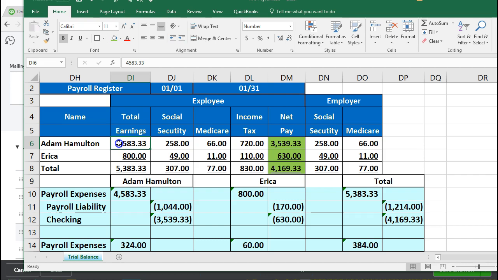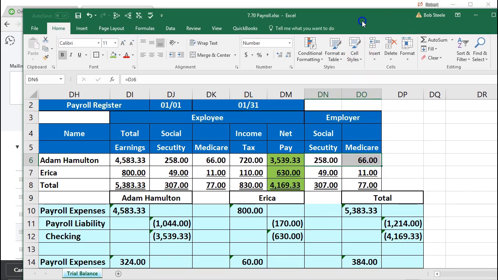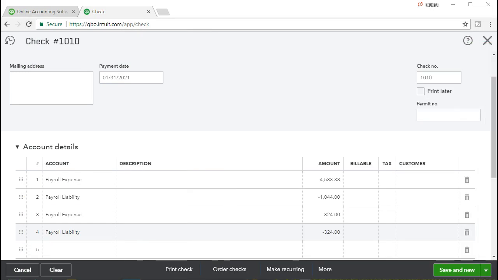We said that we had the expense here, then we took out the Social Security, Medicare, and income tax to give us this number, and then we said that we're also going to increase the expense and the related liability for our portion. So note that just this check, even if we do the payroll through an outside service, is still a little tricky to put into our system here.